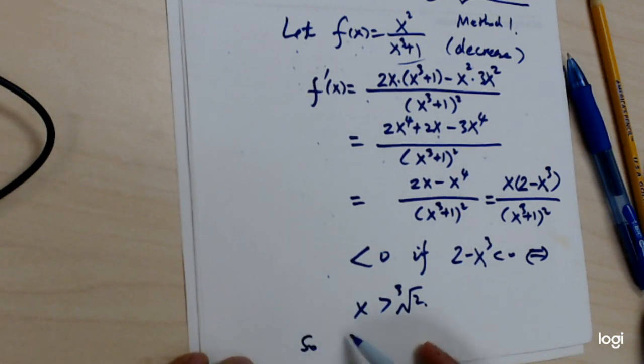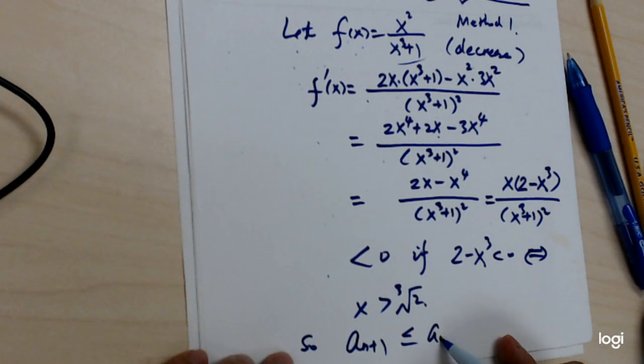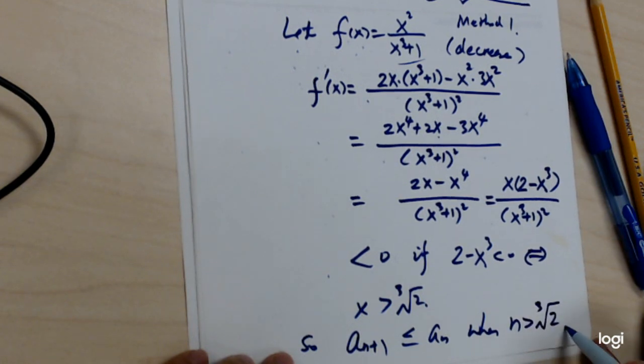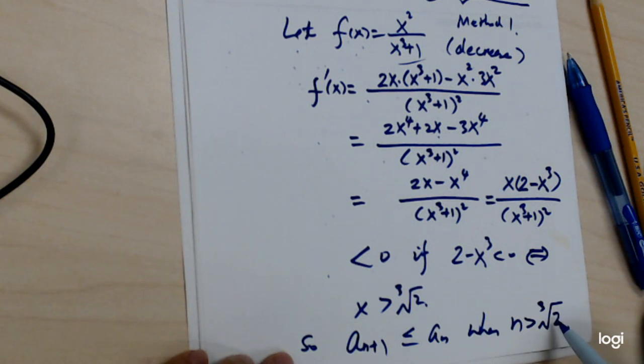So my conclusion is the term will start decreasing when n is greater than this number. This number is slightly bigger than 1, but not yet 2. So a sub n will be decreasing.